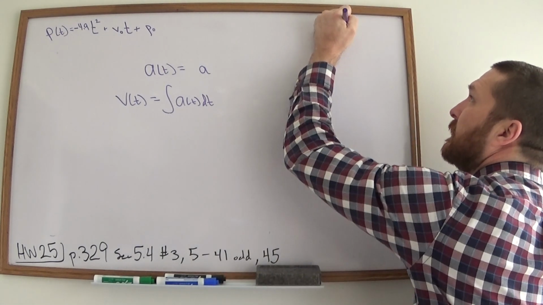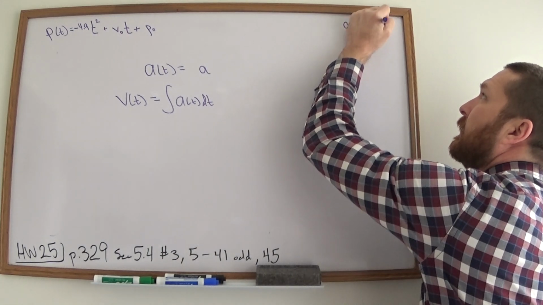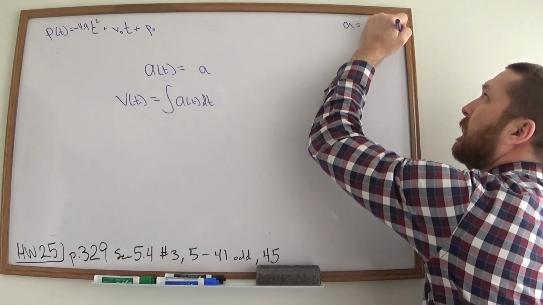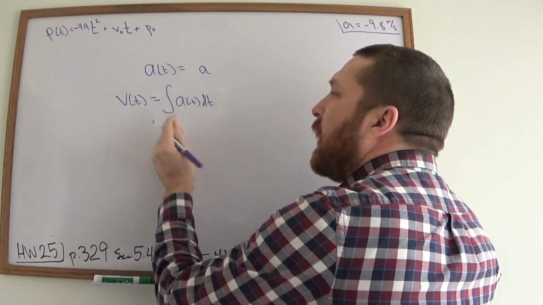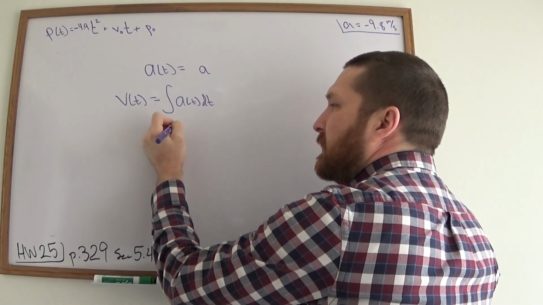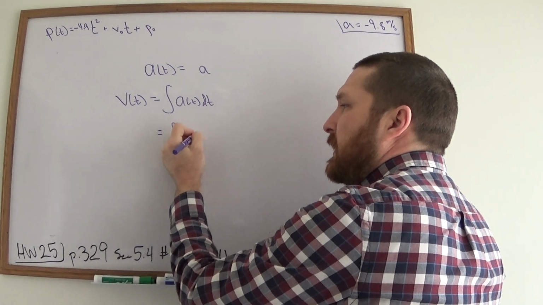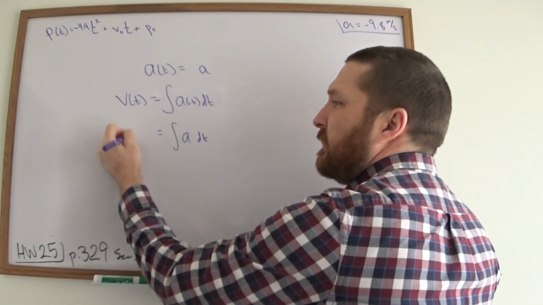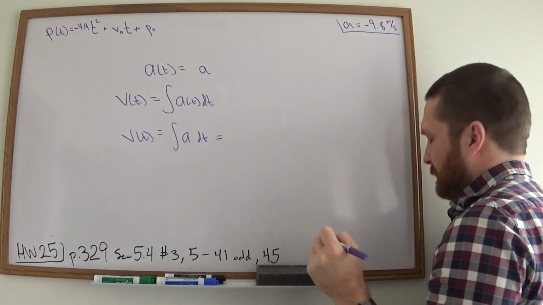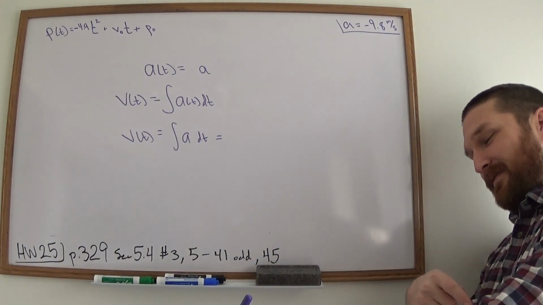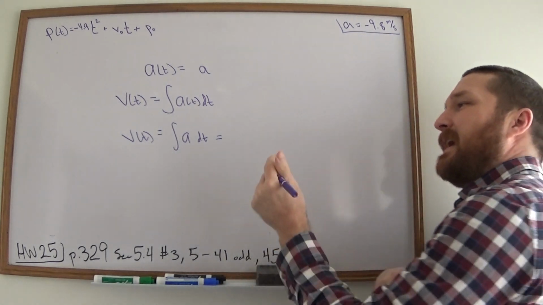Okay, so this is just a constant. So the integral of A dt. What's the antiderivative of a constant A? Is it 0? Is it x?